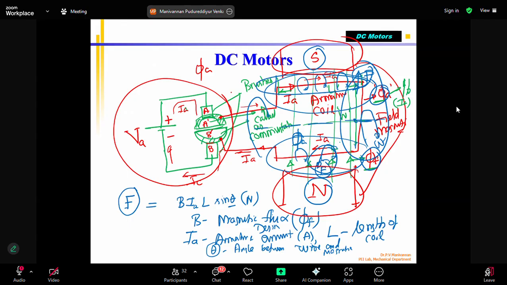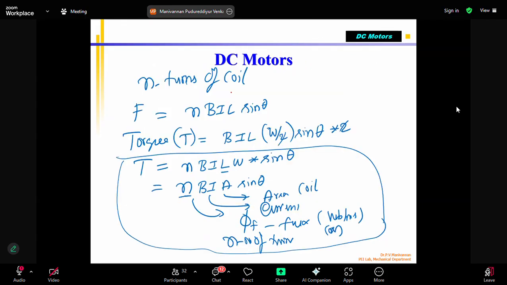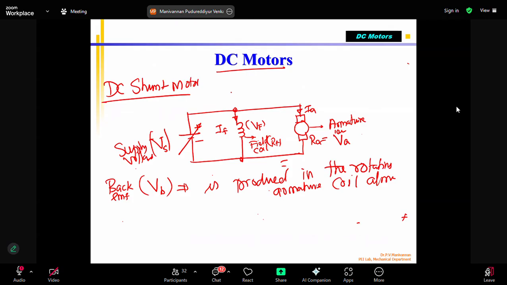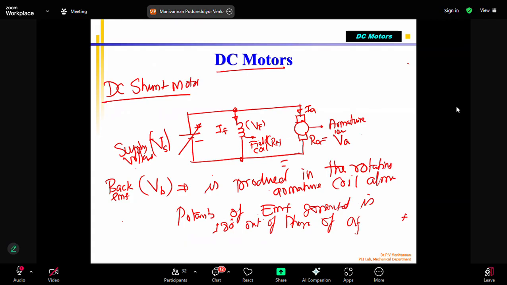That voltage is called back EMF because the polarity of the EMF generated is 180 degrees out of phase with the applied armature voltage.